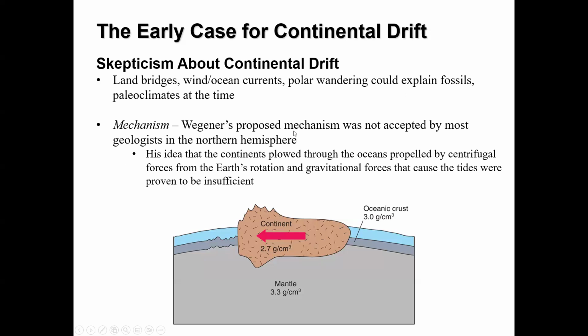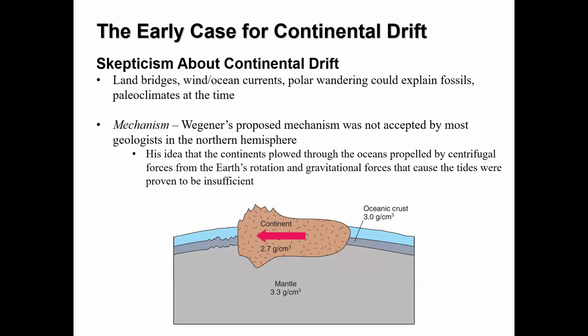And at the same time, the mechanism that Wegener proposed to explain why the continents were drifting around was not accepted by most geologists in the Northern Hemisphere. People were really stuck in their ways at the time, and even now. Most people accept, I think pretty much everybody in the community accepts plate tectonics, but it took a long, long time.